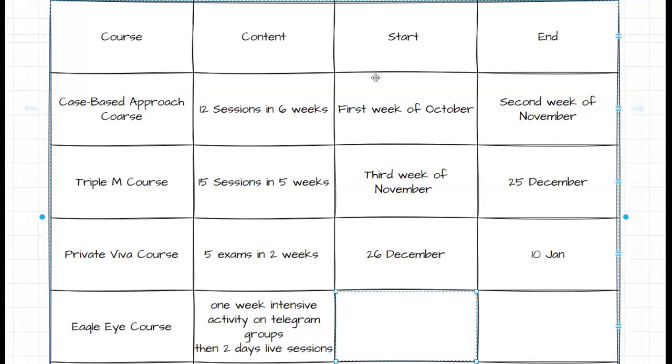That means in the 2 rooms, you have the full exam as if you are in the exam with 4 examiners. And it's very, very good. You will be well prepared for the exam if you take these courses, especially the private Viva course, because it's very similar to the exam situation.